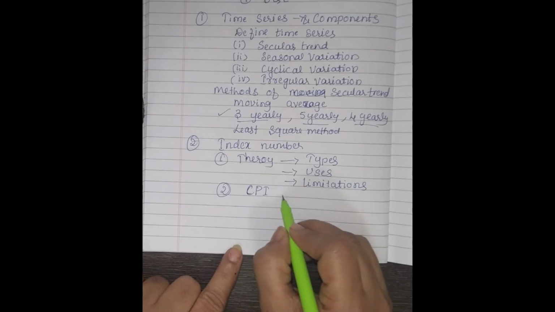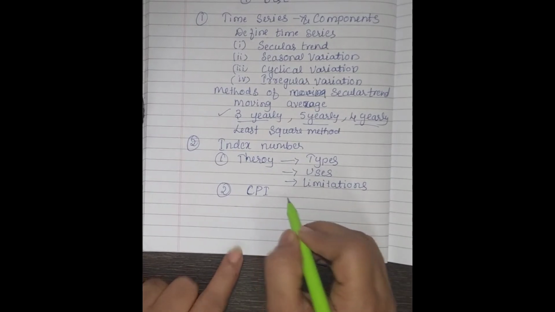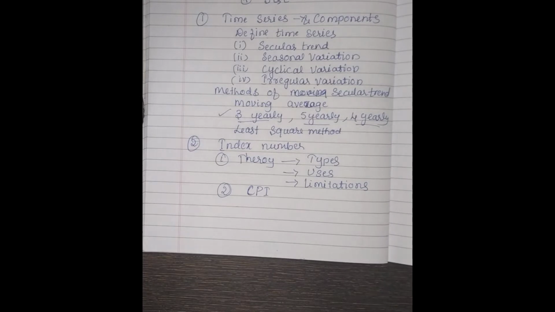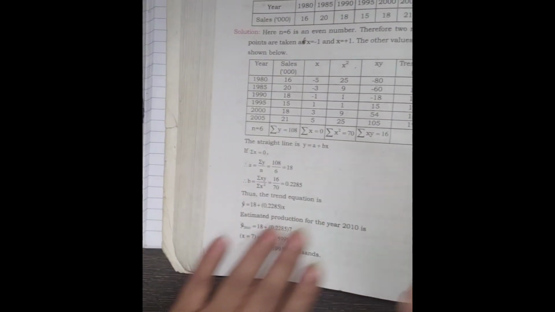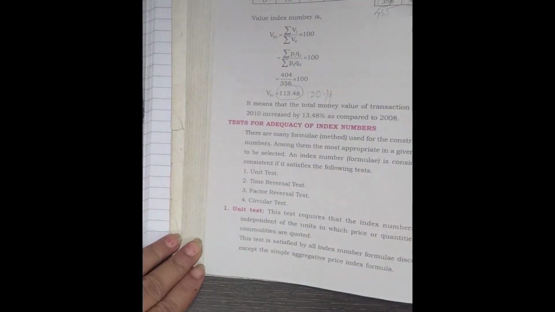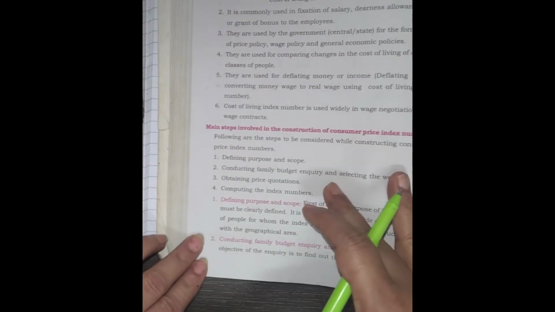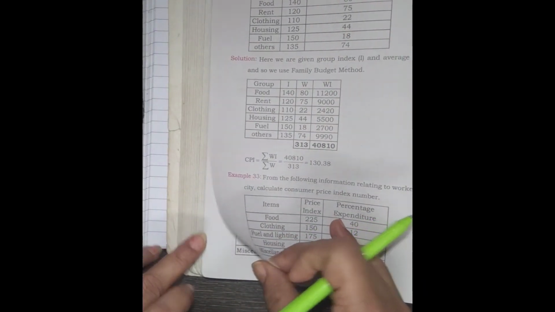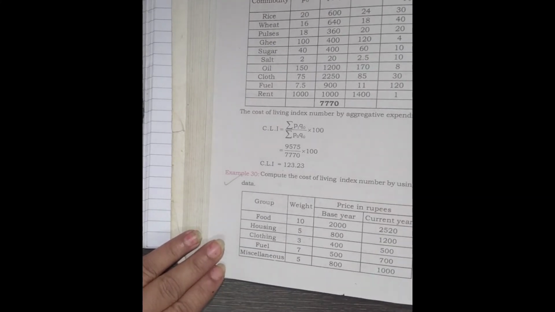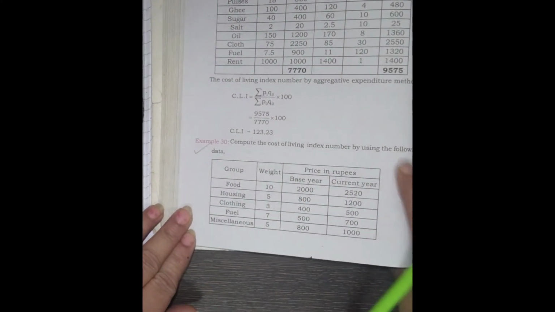The consumer price index number, I will show you because this is important for you. Go through the family budget method.